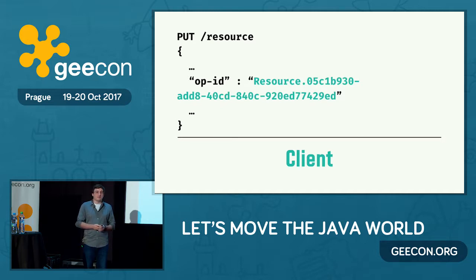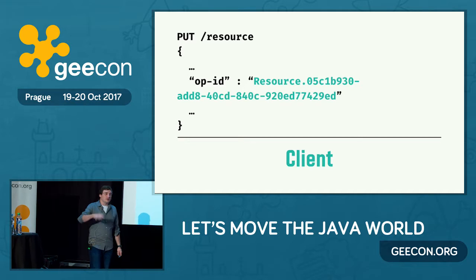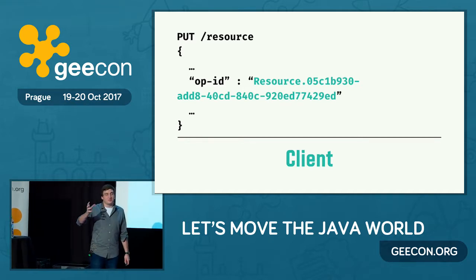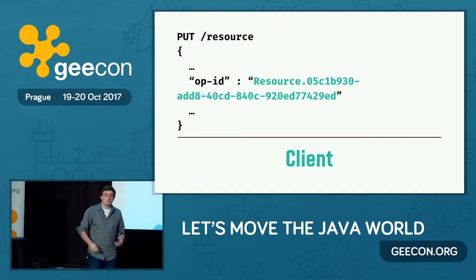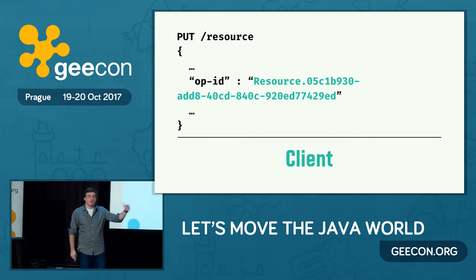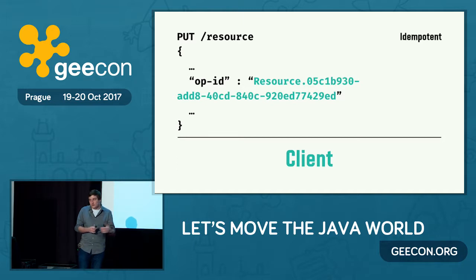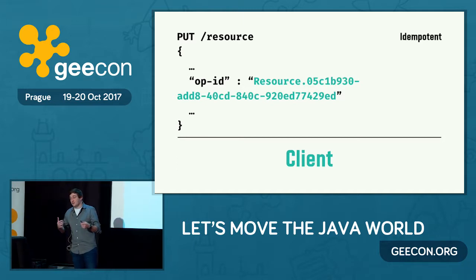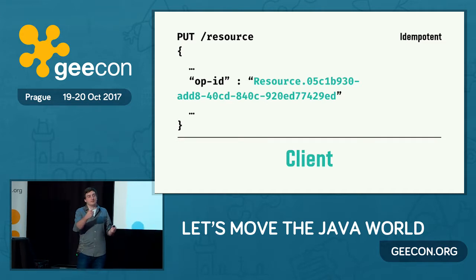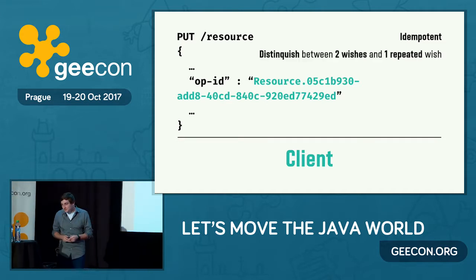Speaking of UUIDs, we are not using them just for, let's say, primary keys. We are also using them to recognize the requests from themselves. Basically, with each request, we will put there something like an operation ID, and this can be used to achieve 2 things. First of all, just doing that will make your request idempotent.